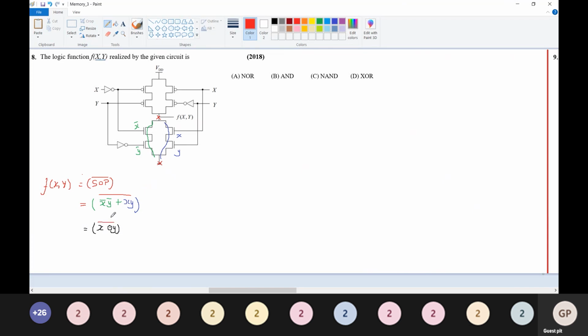This can be further written as x or y. Understood? So your final answer is nothing but x or y.